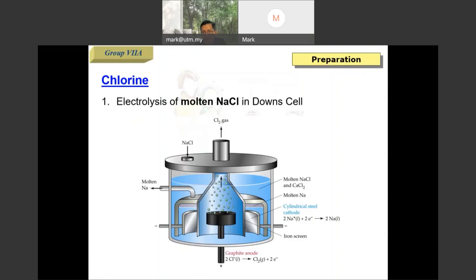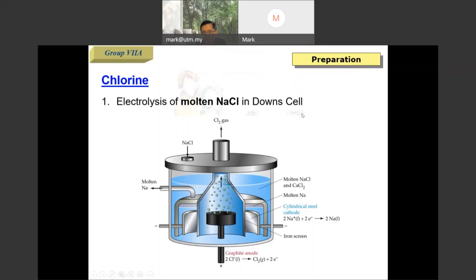Chlorine. I believe we have discussed this in group 1 of the elements. Just to recap, in the electrolysis of molten sodium chloride in the Downs cell, it uses molten sodium chloride rather than concentrated or aqueous sodium chloride.